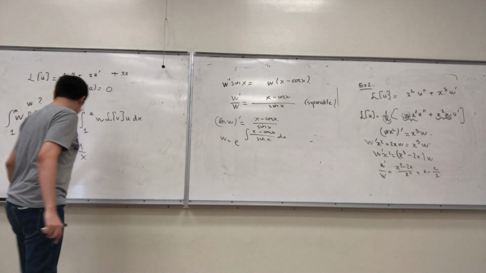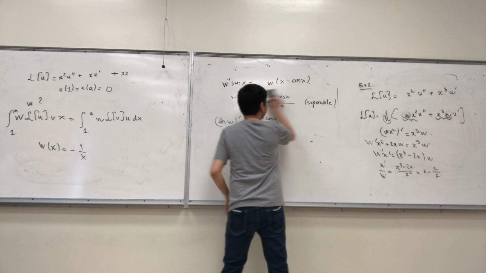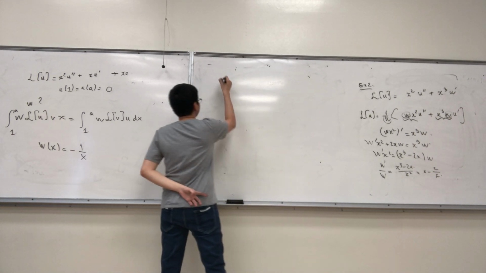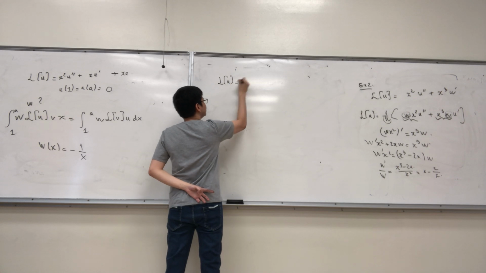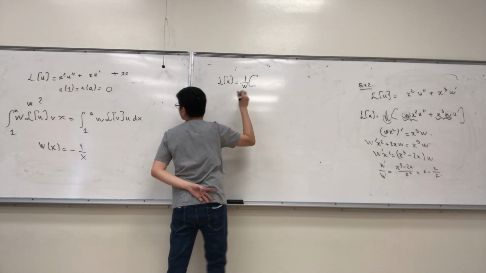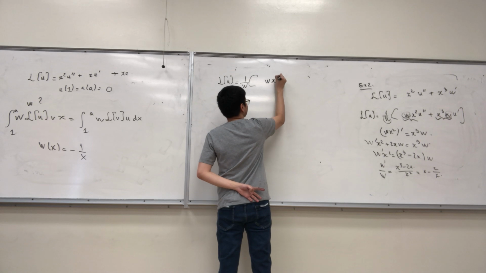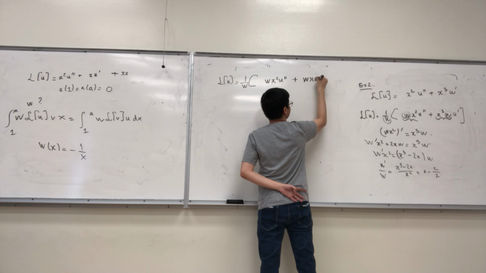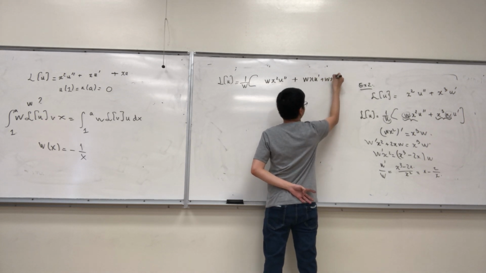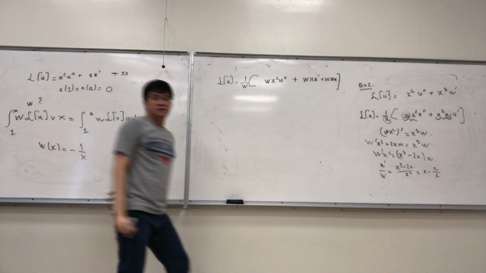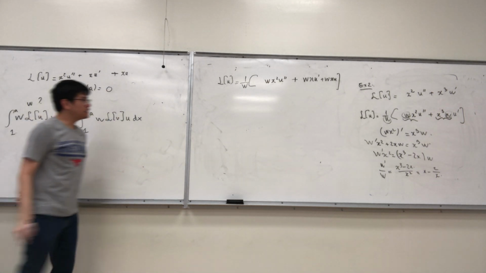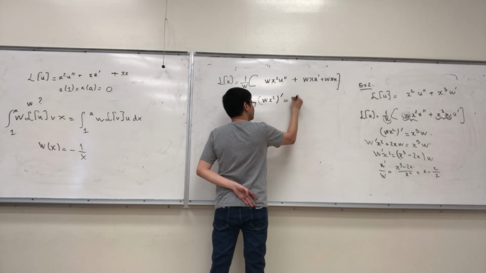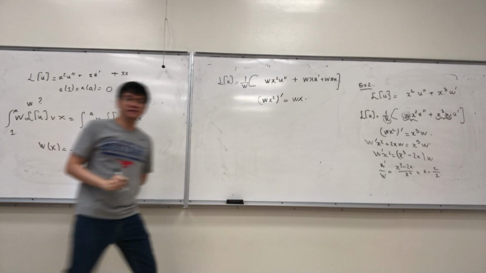The reason is the following. I'm going to write Lu as 1 over w times (w x squared u')' plus w x u. And I'm going to set (w x squared)' to be w x.